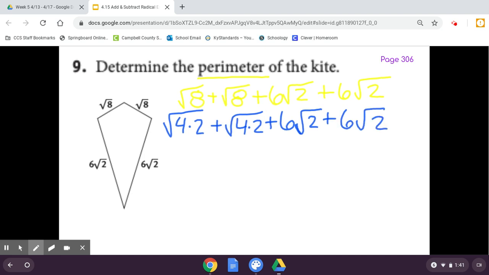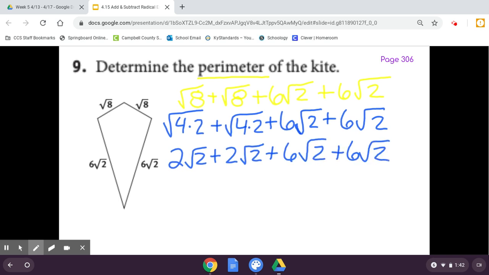Square root of 4 times 2 can be written as 2 square root of 2 plus 2 square root of 2 plus 6 square root of 2 plus 6 square root of 2. And as we've said many times throughout this lesson, the number underneath the radical is the same for all of these, so I can literally add them together and I get 16 square root of 2.